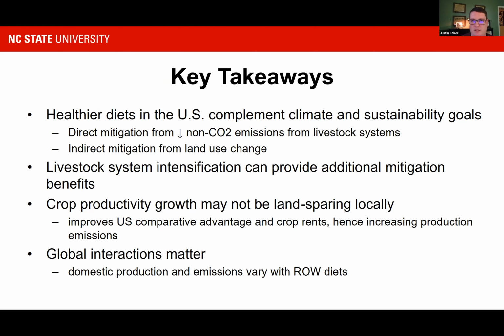What we assume about policies, what we assume about what's happening in the US has implications for the rest of the world, and we can't look at these systems in isolation.